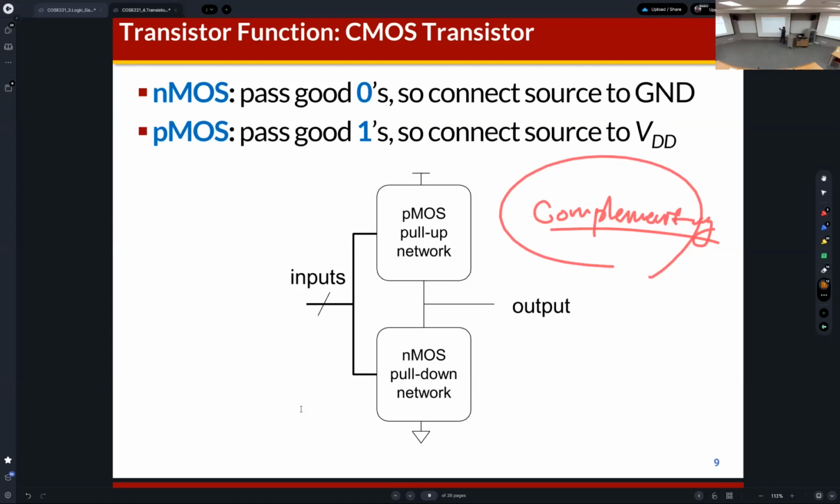With the input signal at the gate nodes, we can control the operation of the transistors. Operation is just turning on or turning off. So the input is given to the gate node of the PMOS and NMOS transistors, and we can control the output.